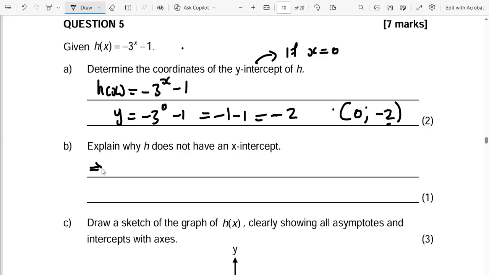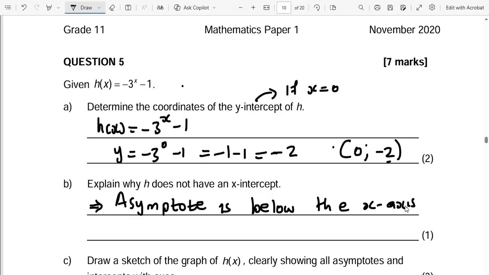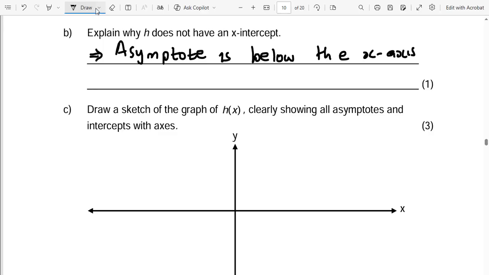Let me just write the answer, then I'll explain when I do the drawing on the sketch in number C. The reason it won't touch is because the asymptote is below the x-axis.